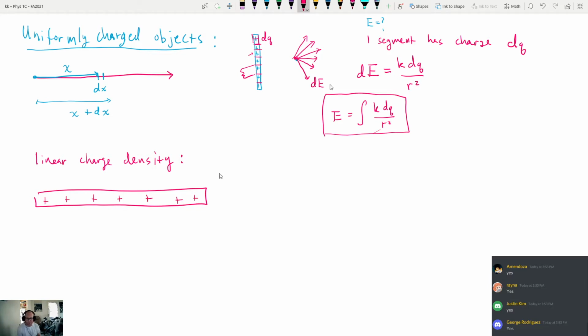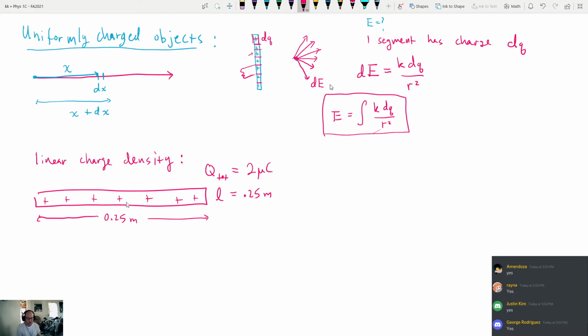And I tell you that the total charge, we'll call it Q total, on my rod right here, let's say is 2 microcoulombs. And I tell you that the length of the rod is, let's say 0.25 meters, or about a quarter of a meter. Okay, that's the length of my rod. That's an L.